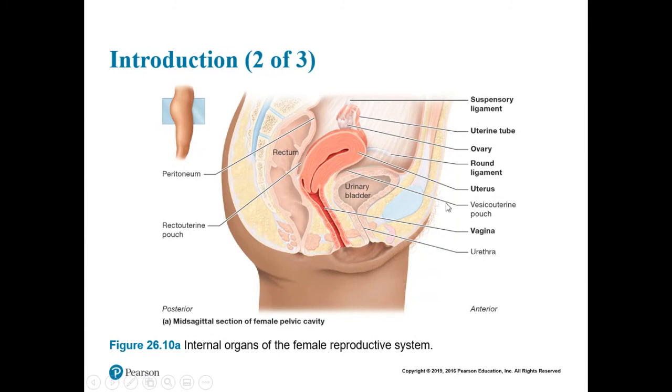In males it's different. In males, the urethra merges with the ejaculatory duct, therefore ending up in just one urethra that has two functions, urinary and ejaculatory. Not in females. In females, it's different.